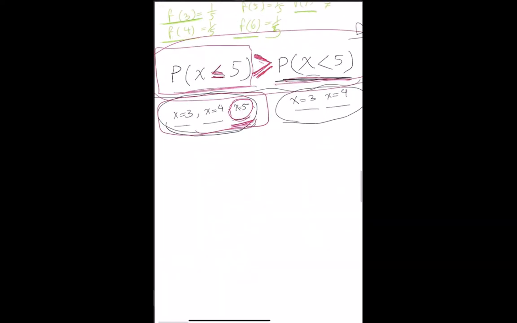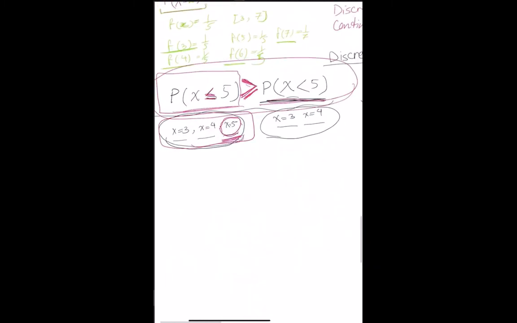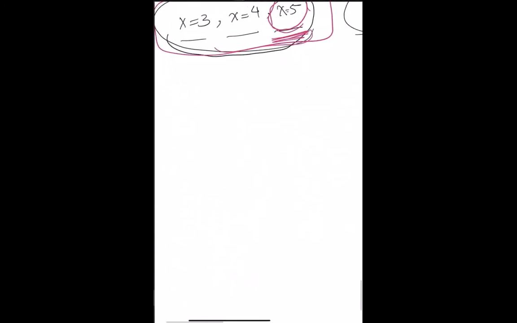Okay. If no questions, let me go to question 4. An electron emitter produces electron beams with energy that is uniformly distributed between 3 and 7.